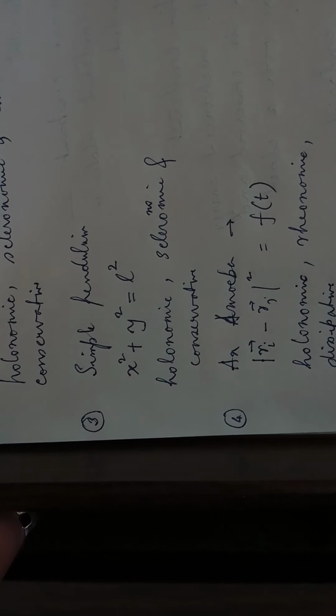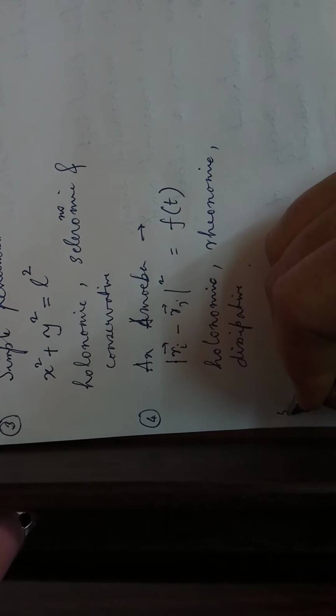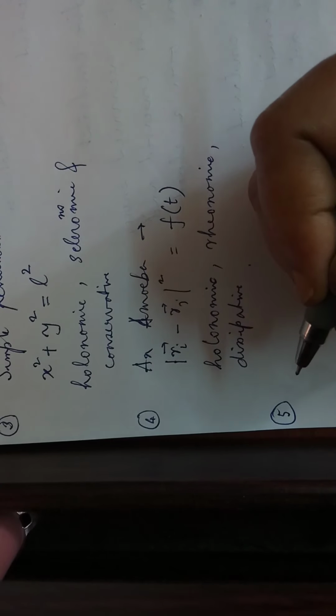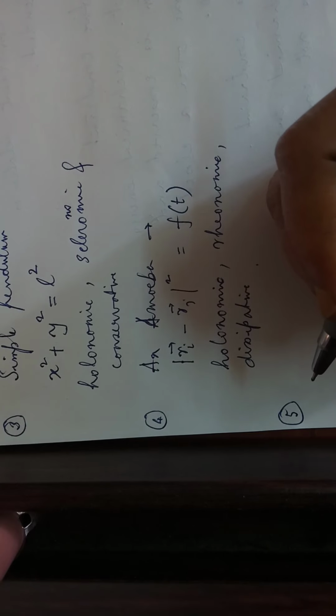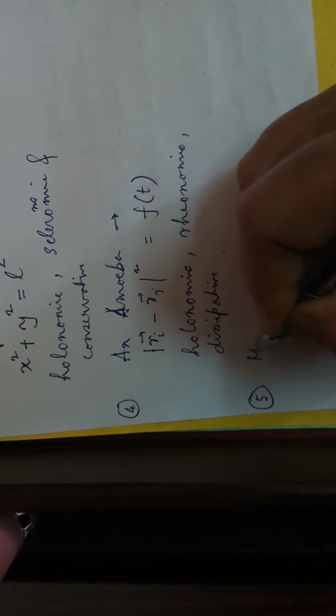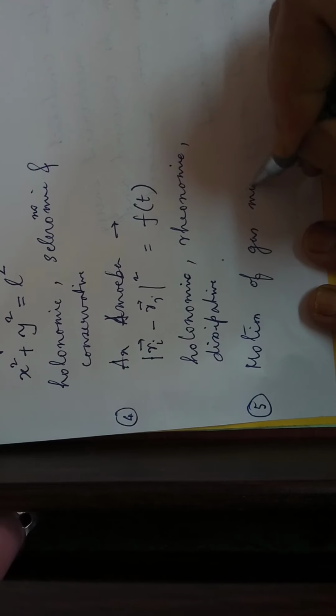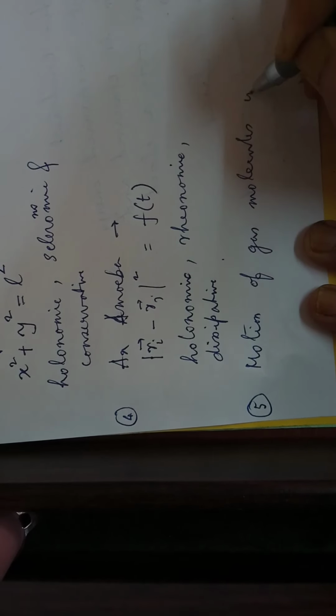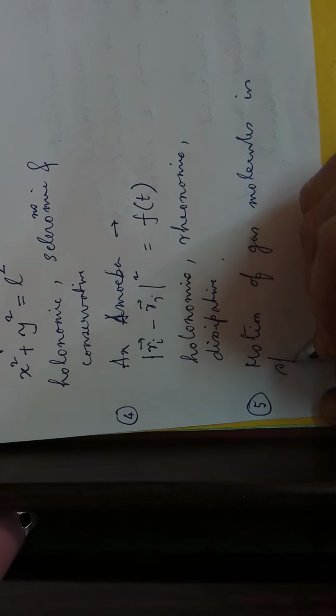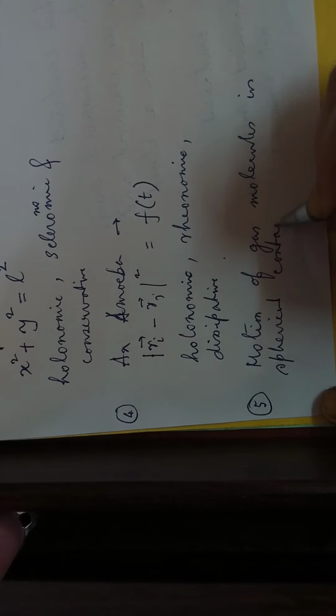Like that, one can find various kinds of constraints for a system. For example, take the motion of gas molecules in a spherical container. How would you write down the constraint equation for this motion?